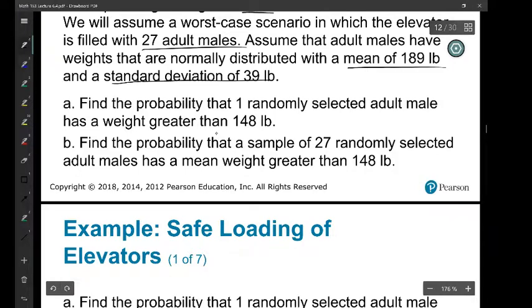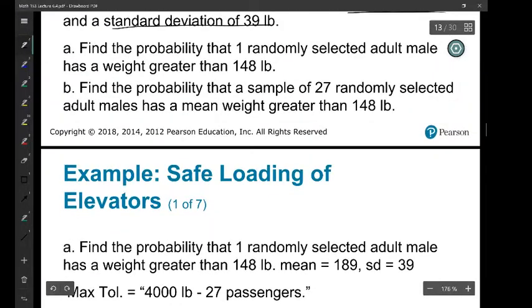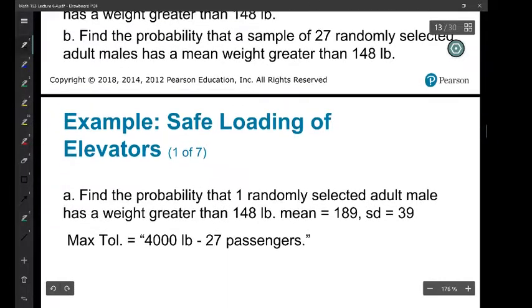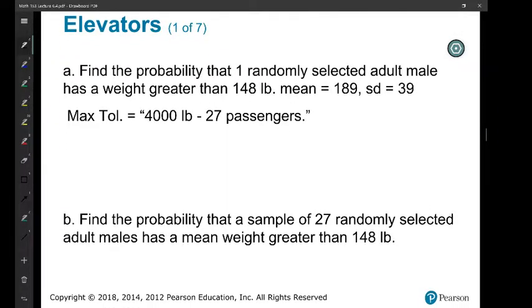And then we want to find the probability that a sample of 27 randomly selected adult males, so that would be the worst case scenario, have a mean weight greater than 148. Because if they do, then that would go over the carrying capacity of the elevator. So find the probability that one randomly selected adult male has a weight greater than 148.